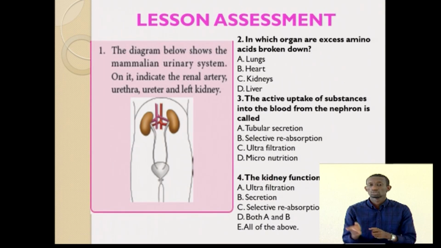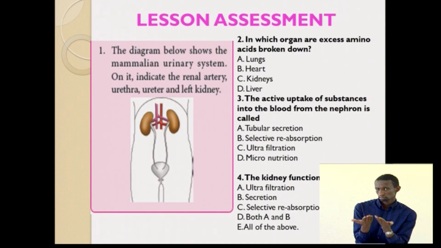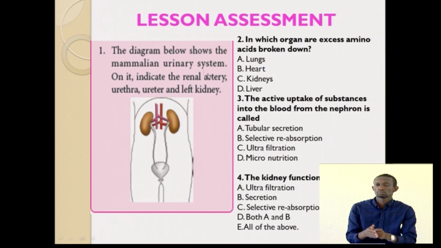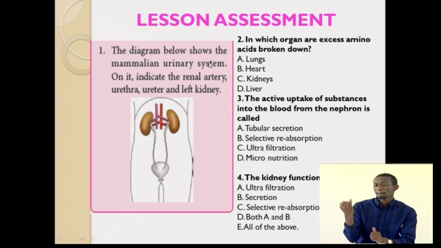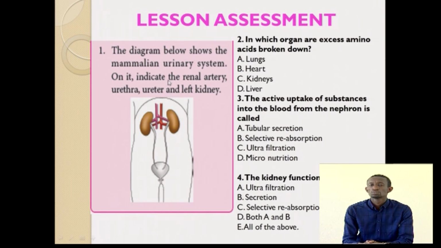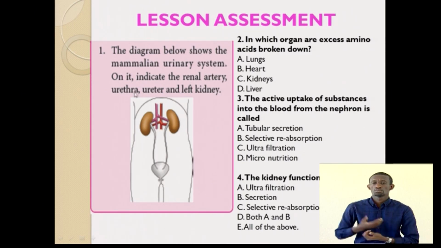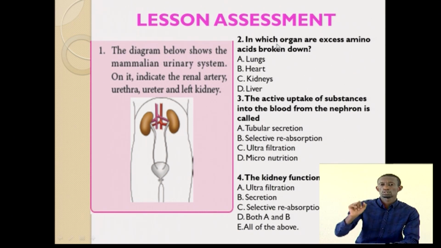Students, let me leave you with a home assignment. The diagram below shows the mammalian urinary system. On it, you indicate the renal artery, the urethra, the ureter, as well as the left kidney. We have objective questions. In which organ are excess amino acids broken down?